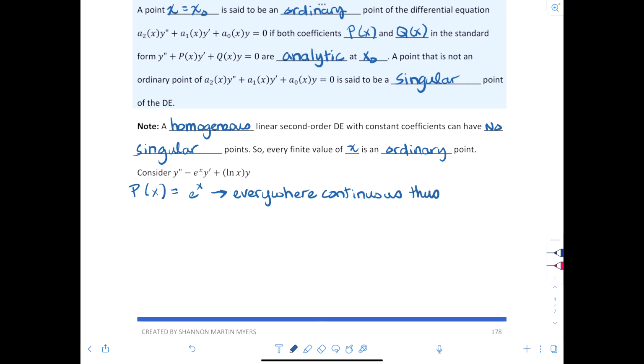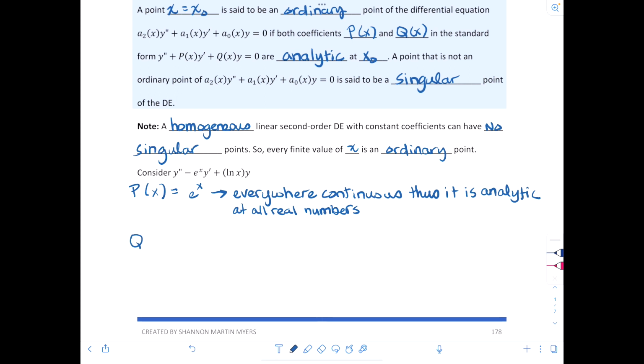Thus, it is analytic at all real numbers because we can use it in the power series. There's no discontinuities. But what about natural log of x?